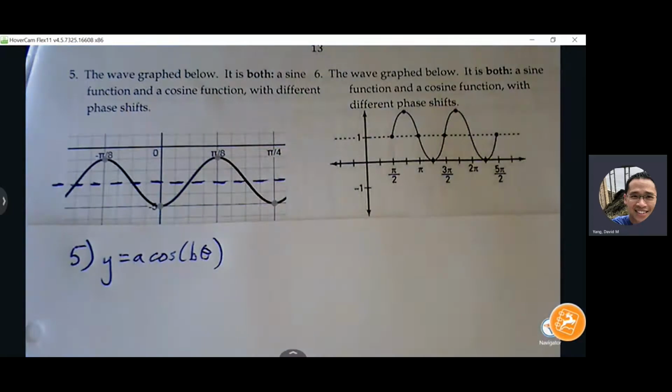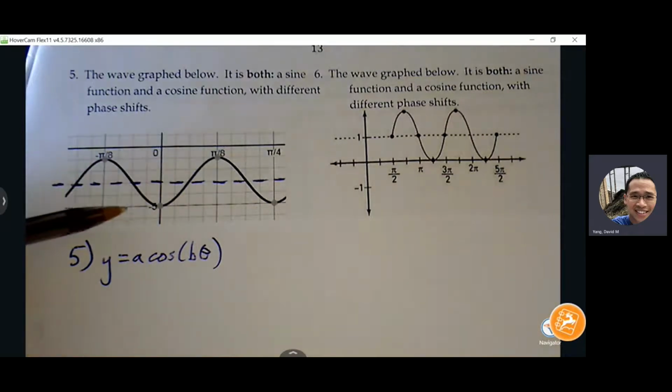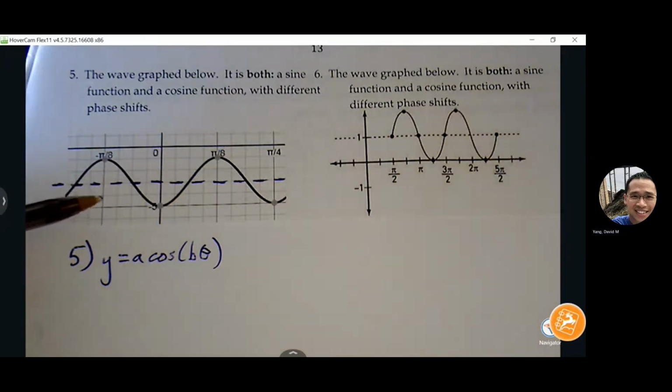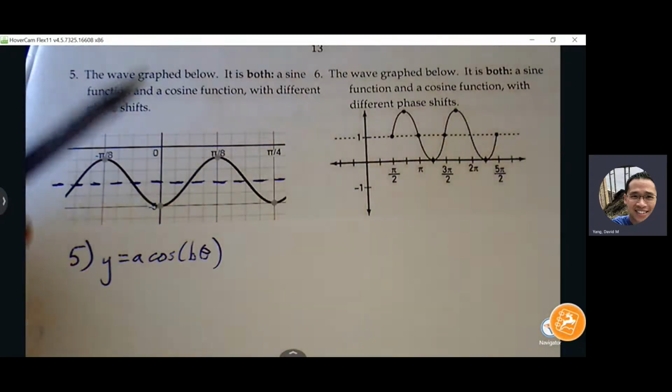Okay, so we know we're targeting A cosine B theta, which is easier because there's no phase shift. It's starting exactly where we want to start. We just know that it's going to be a bit of a reflection. Okay, so what do you think the A value is? Remember, your amplitude is from rest to crest. So it's the distance from the dotted line to a point that's furthest away from it.